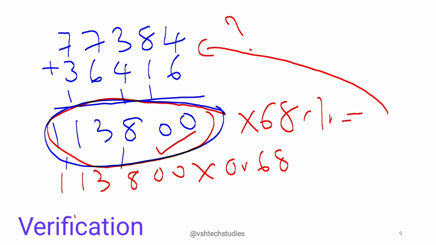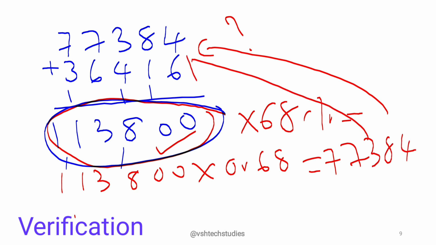How we got this? 68% means 68 upon 100, so that becomes 0.68. If you calculate this, it comes out to be 77,384 only. That is this only. Hence our answer, that Rani had total amount 1,13,800, is correct.